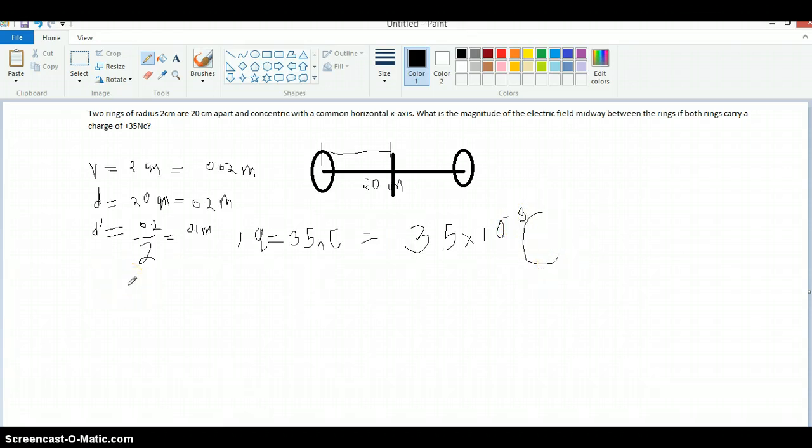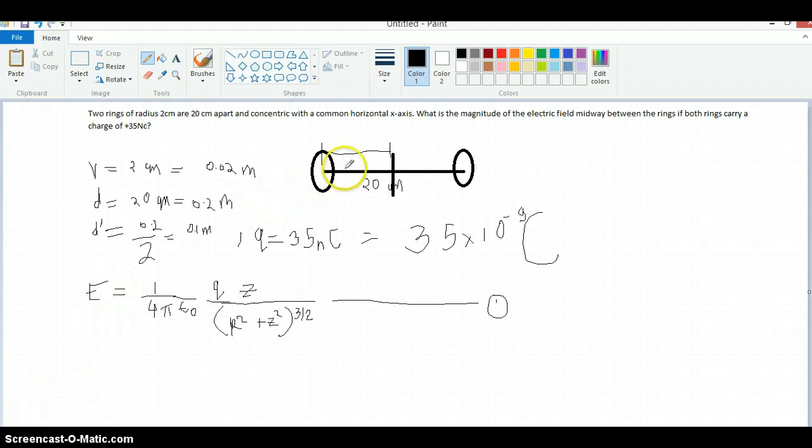For a general concept, the formula of the electric field at a point at distance z from the charge Q, where z is the distance between this point and this point, which in this case is going to be 0.1 meters, is E equals 1 over 4 pi epsilon naught times Qz over r squared plus z squared to the power 3 over 2.